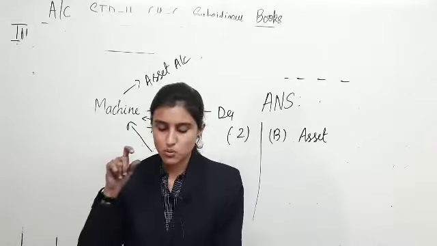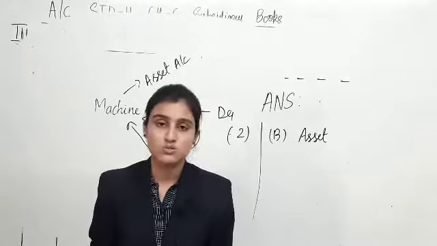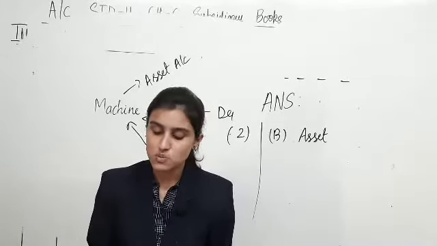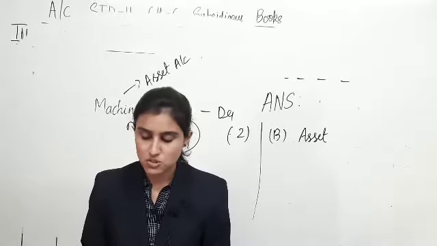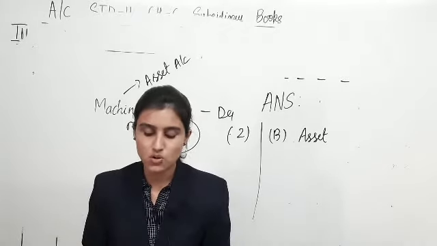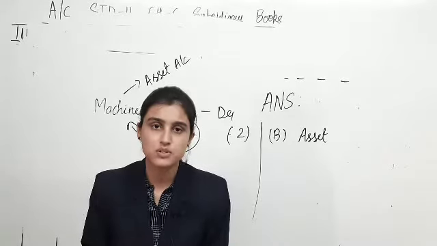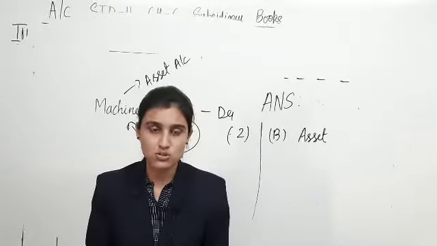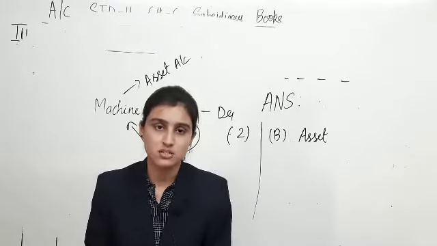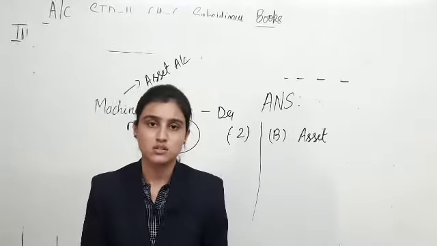So these are one line answers. Obviously you know how to write this. This can even be a question of definition or something like that. The answers to this are obviously available in the textbook, in the explanation in these chapters. Also the theory concepts have been taught to you at the beginning of each and every lecture that I have taken, or each and every chapter that I have taught.